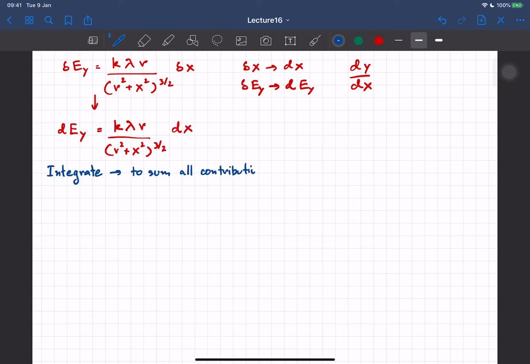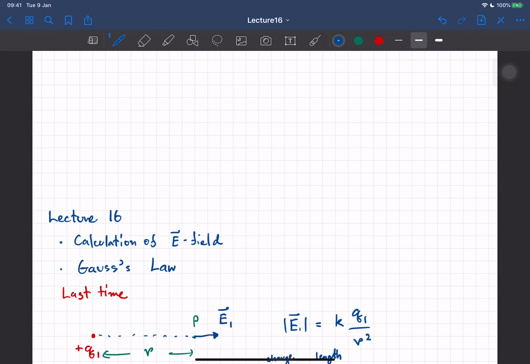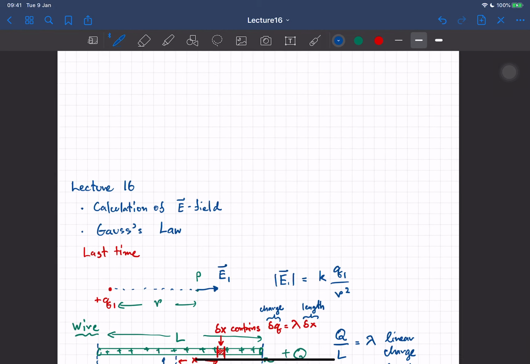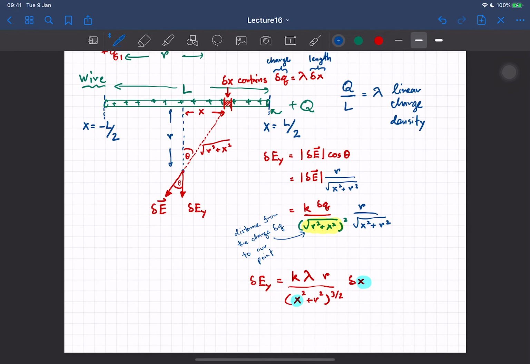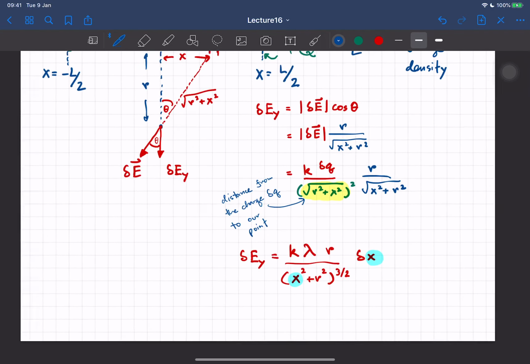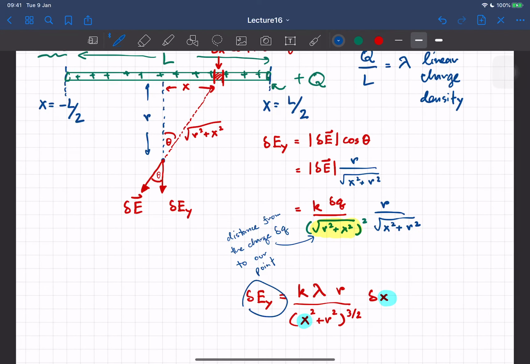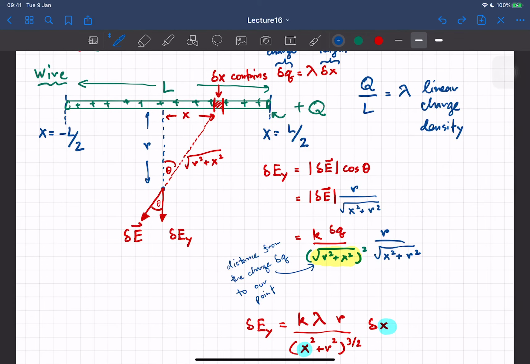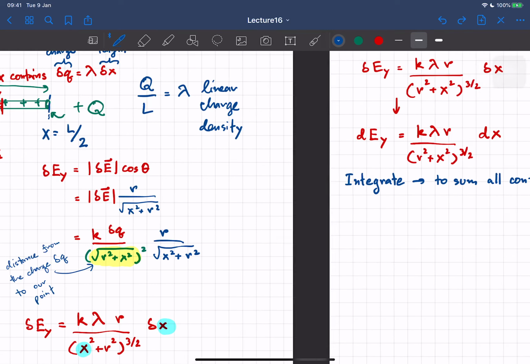in the system, right? So again, what we are doing here, the delta EY, oh actually I skipped the space up here. The delta EY here is the electric field only from this tiny section, but that's just one tiny section of the whole wire, right? If you want the whole wire, then you just need to add everything up. That's the part that we're gonna do next.